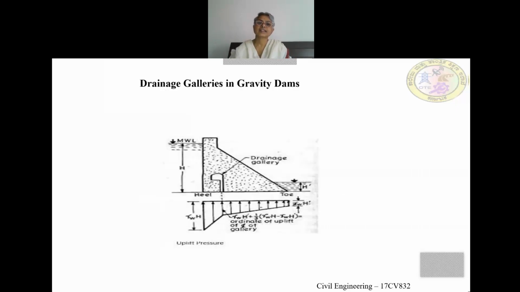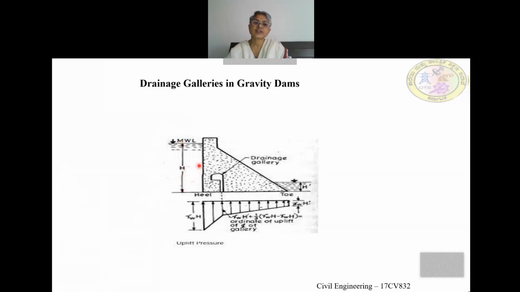So if you take the typical cross section of a gravity dam, this is the upstream side, this is the downstream side, there is a tail water, this is the toe of the dam, this is the heel of the dam, and this is the hydraulic depth of water on the upstream side.